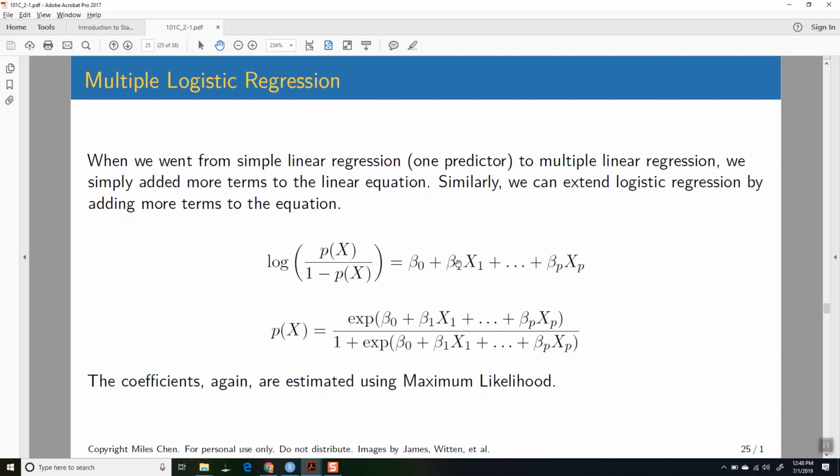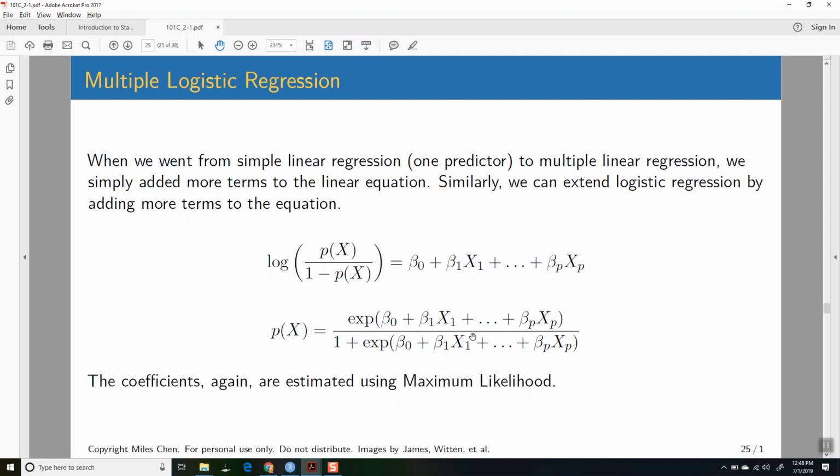For multiple logistic regression, we expand this from just having the intercept and the slope to having multiple predictor variables, up to p of them, and each of them has its own slope value as far as the logit equation goes. And if we turn that into the logistic equation, then we get this.